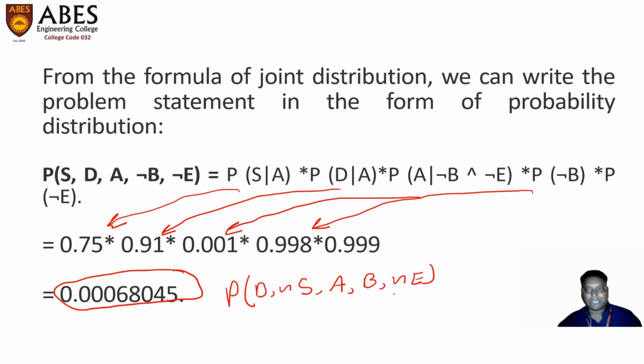You will simply check the conditional probability tables of Dennis, Sarah, alarm, burglary, and earthquake, and you will get the values and simply multiply them, and after multiplying you will get the final answer. So this is a very simple technique by which we can solve problems with the help of a Bayesian belief network.